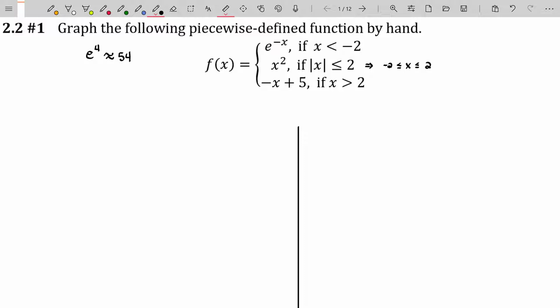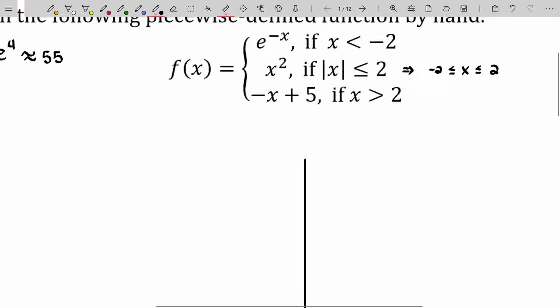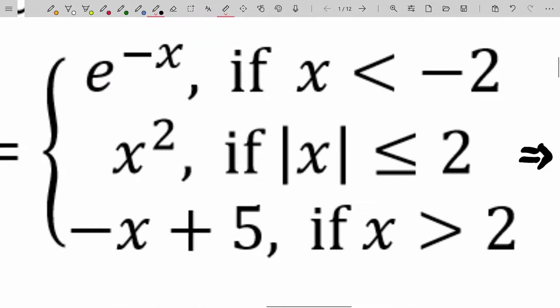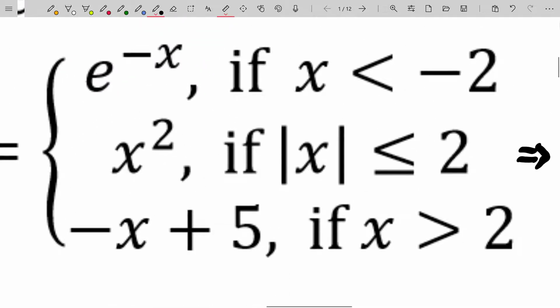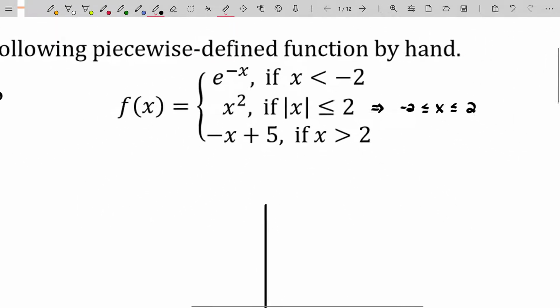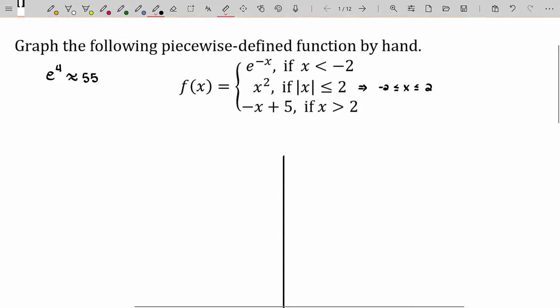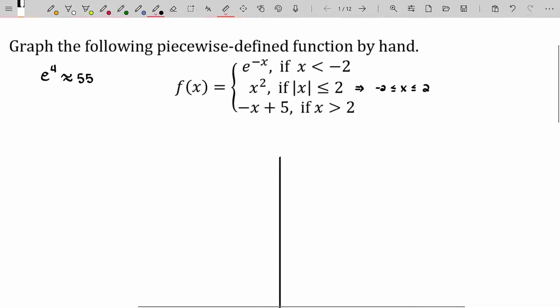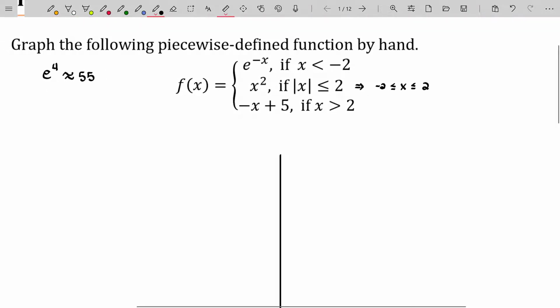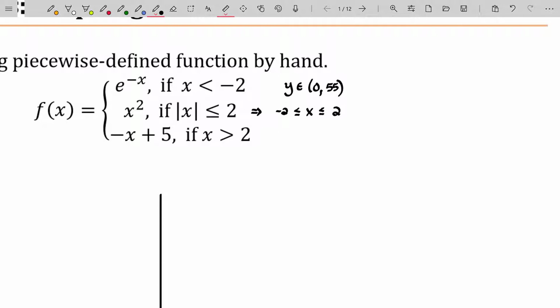And in fact, really, it rounds to 55. And then as far as X being a +4, e to the -4 is going to be something around 0. So as far as the Y values for that function, they range from something around 0 all the way to something around 55.